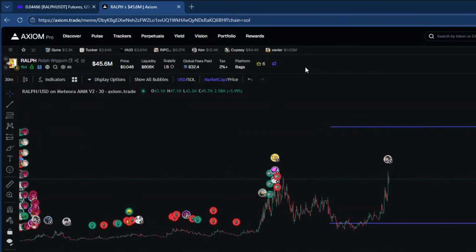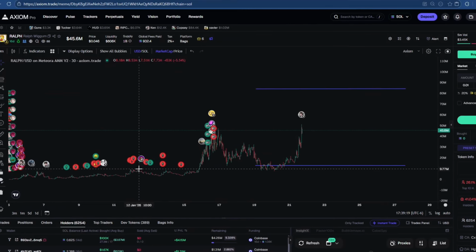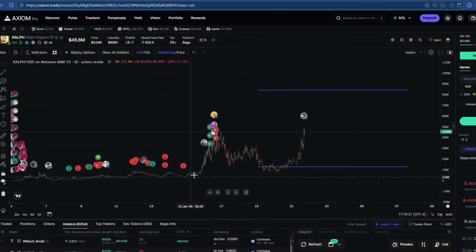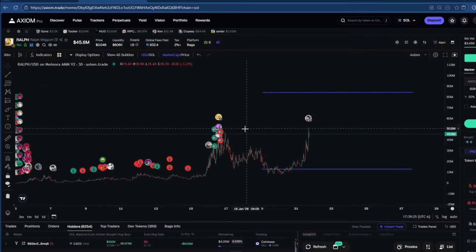As you guys can see, this chart was just consolidating in this 2 mil to 10 mil range, going up and down. Then I believe the person that was getting the funds did some sort of response, and this triggered it to go from a 5 mil to a 50 mil market cap from the 15th to the 16th.